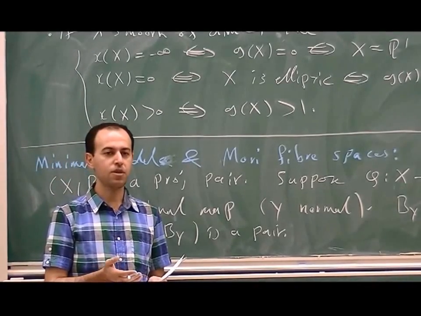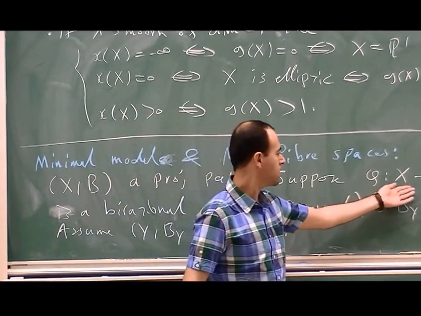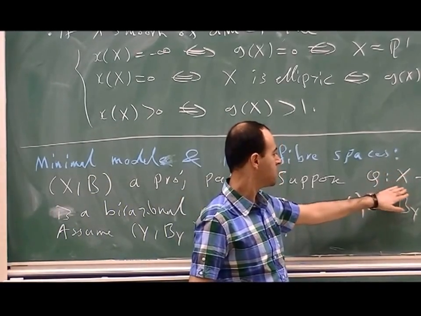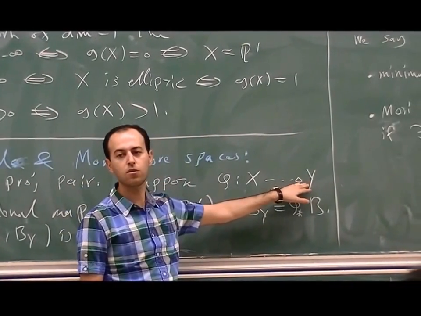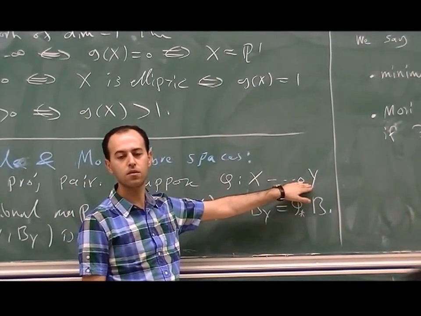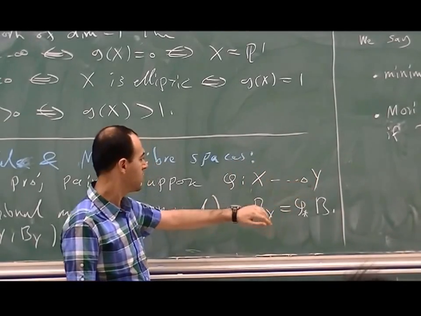And people came up with the idea that instead of staying on X, why not do some modifications and go to another variety, but such that it's close enough to the original variety.